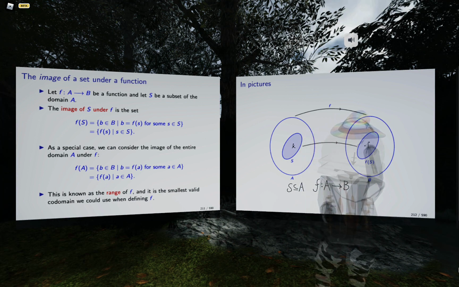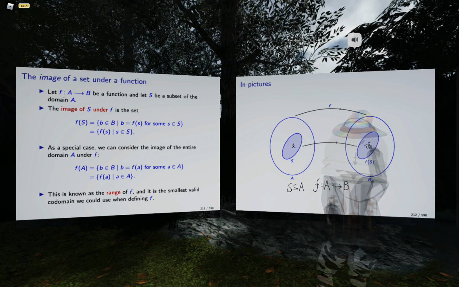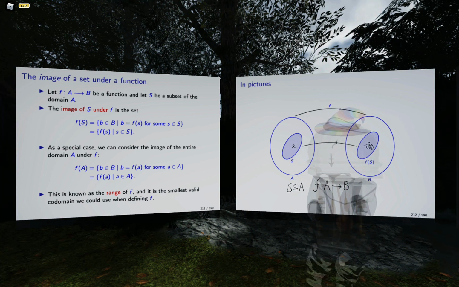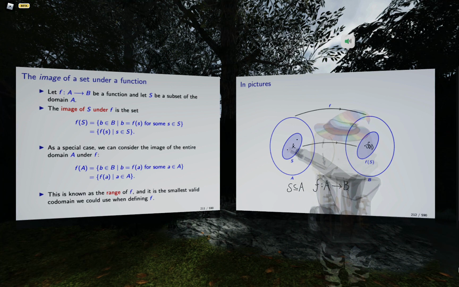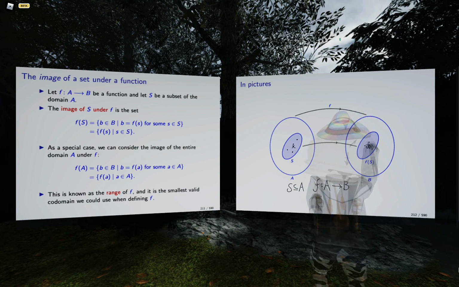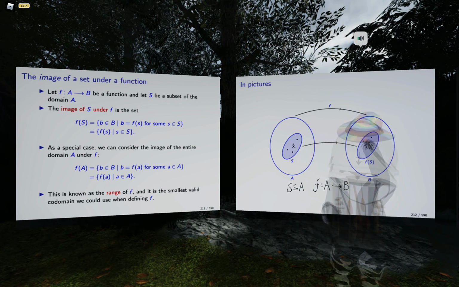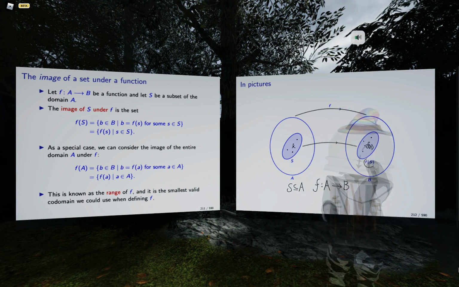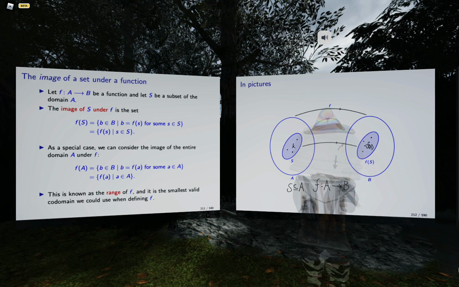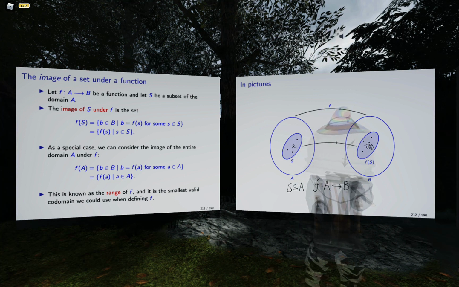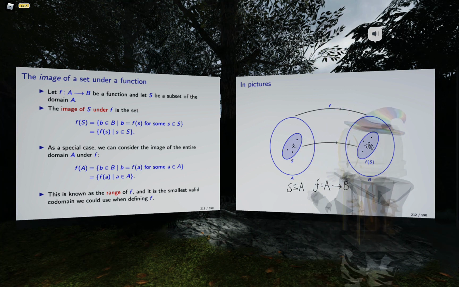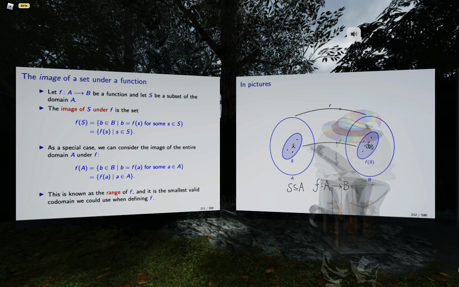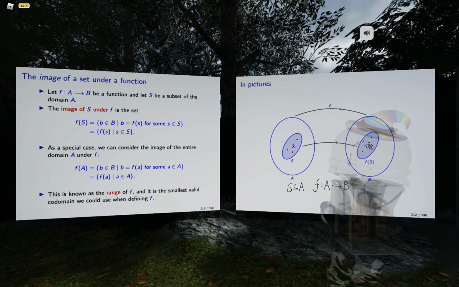And you'll end up with some element f of x in B. Now, do that for all the elements of S, and you're going to end up with some collection over here in B. And we call that collection f of S. It's the set of all the points which are the image of something in S, where by image I mean just apply f to it.